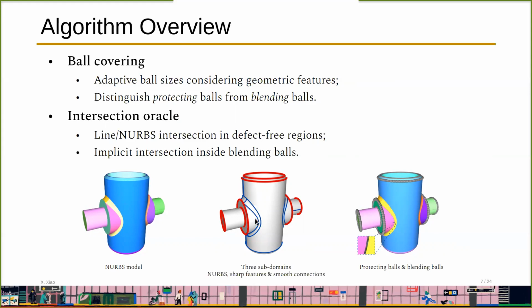Smooth surface connections will be covered with blending balls. Inside blending balls, the original surface is replaced with an implicit surface. In the defect-free region, the intersection is computed with NURBS surfaces. Inside blending balls, however, the intersection is computed with implicit surfaces.